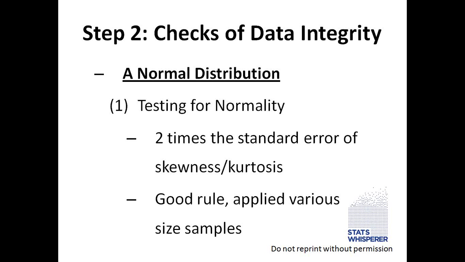This is a loose rule; sometimes they use 3 times. But if they're not 2 times larger than the standard error, then it's approximately normal. This is good because this technique can apply to all samples, not just big samples like the other tests, but moderate and even small samples.